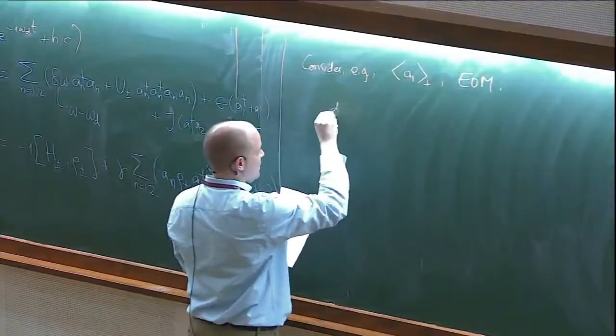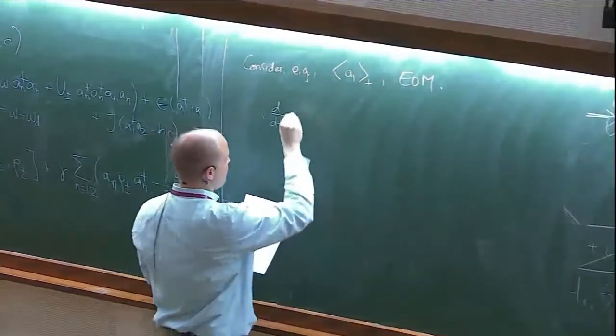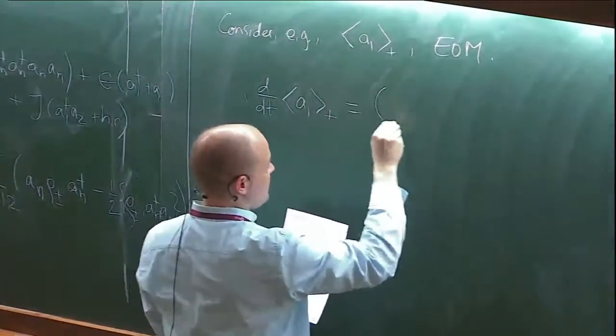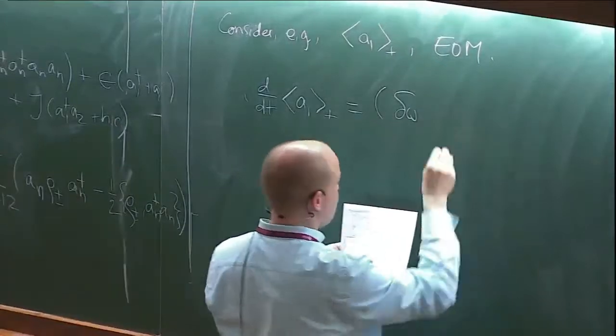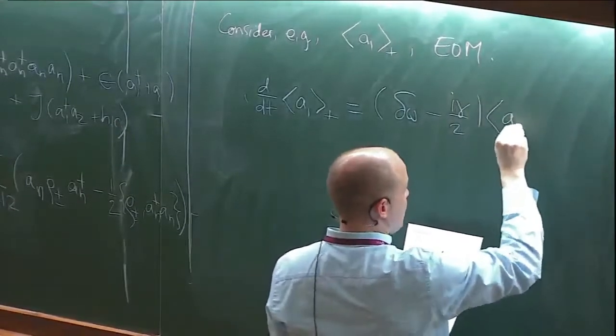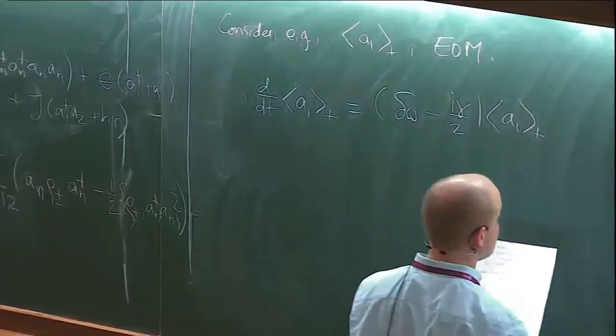Then the equation of motion that you get either from the master equation or by other means is I time derivative of expectation value of A1 is frequency detuning minus I gamma over 2 expectation value A1.